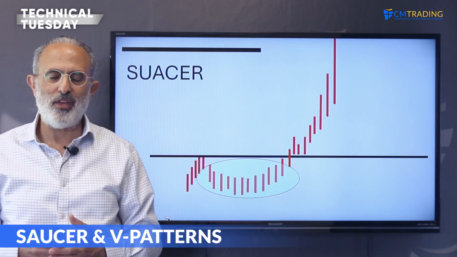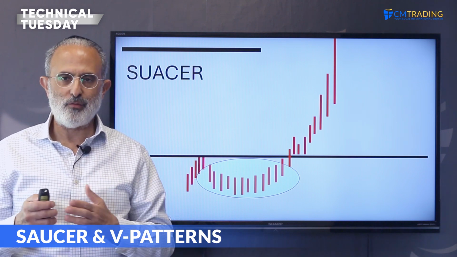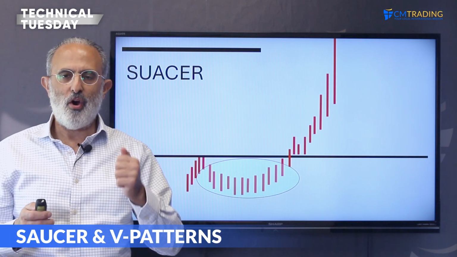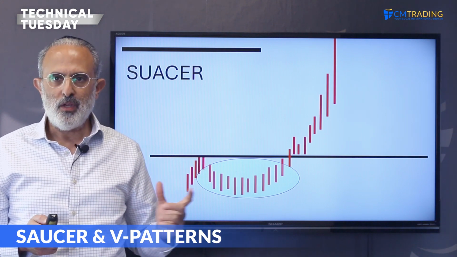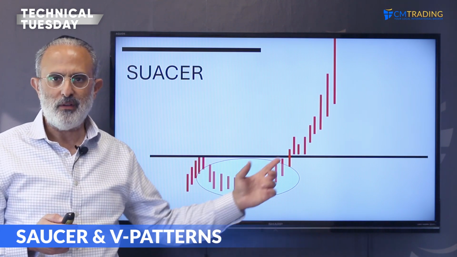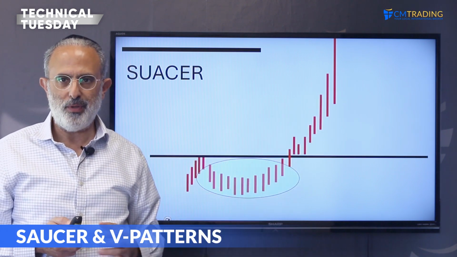Now, as in everything in technical trading, as we've spoken about before, the two most important elements are volume and time. The longer this time period, the more significant this breakout will be.